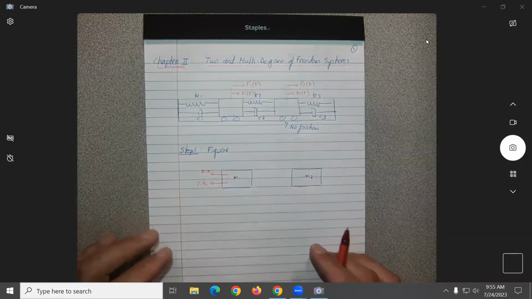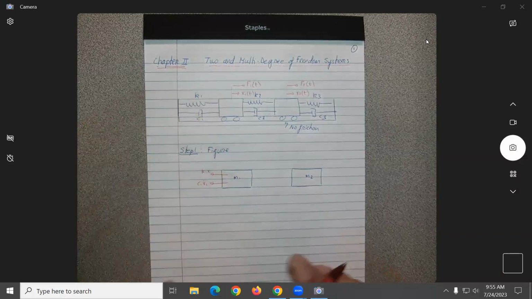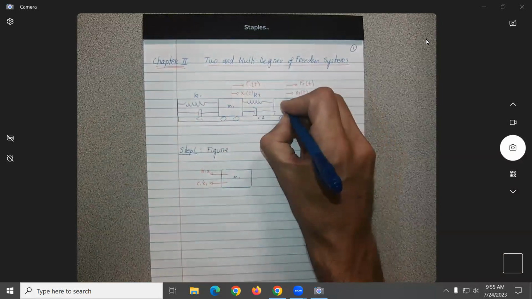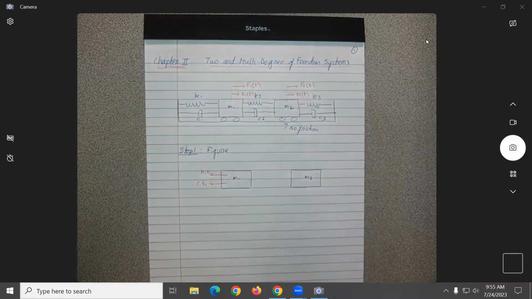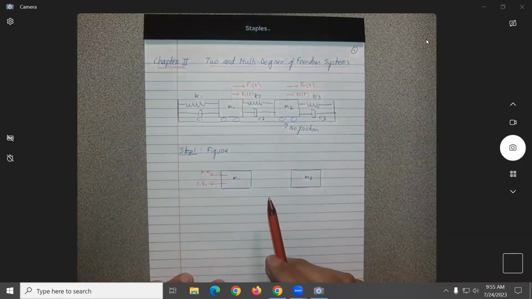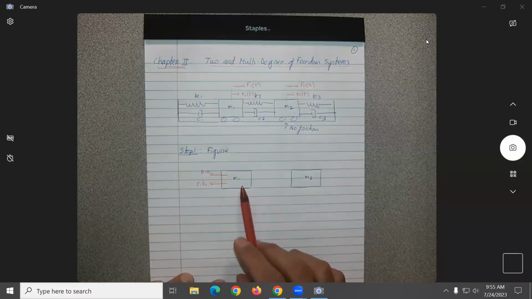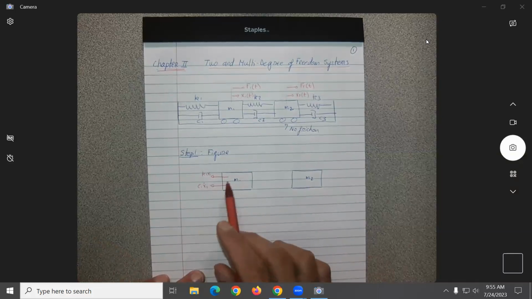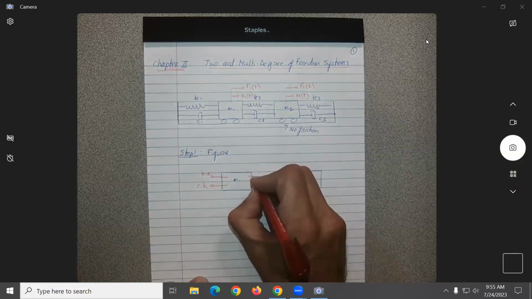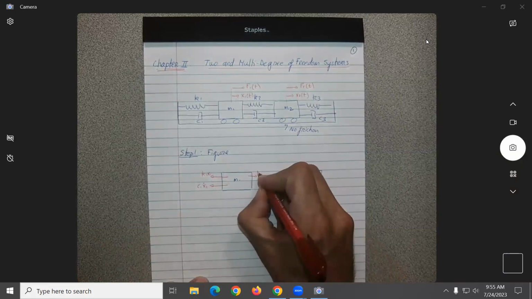Okay, so imagine that initially we move, hold on one second, this should be M1, and this should be M2. So initially, I imagine that I move this a little bit to the right, it doesn't matter. That's the only reason why I'm doing this figure.